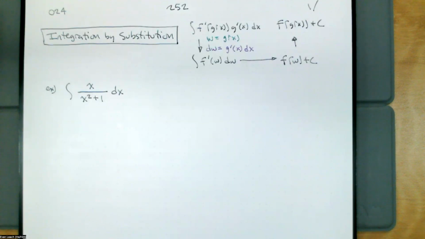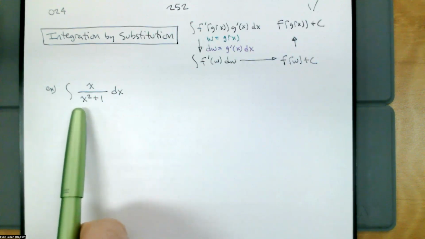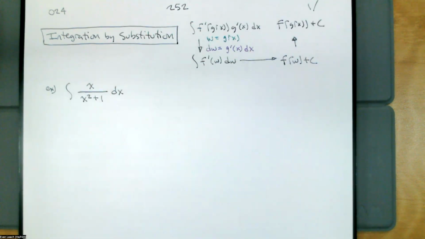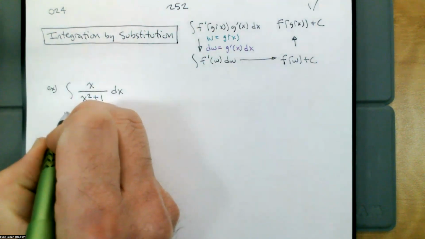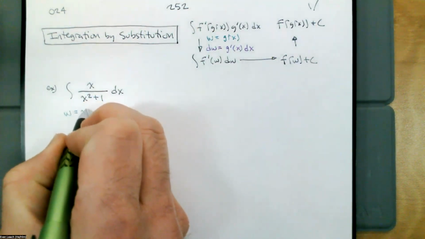So we have to find something to be the inside function, something to be the w, and then we have to have a dw to make that go. Down here in the denominator, I have x squared. Up in the numerator, I have an x. Since x is the derivative of x squared, this suggests that x squared plus 1 is my inside function.